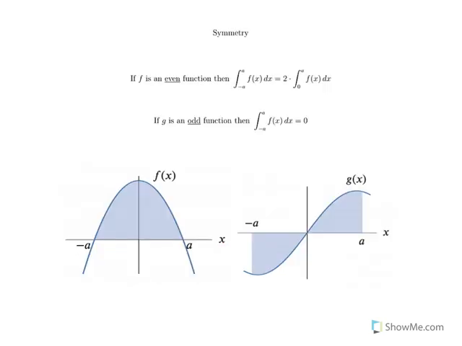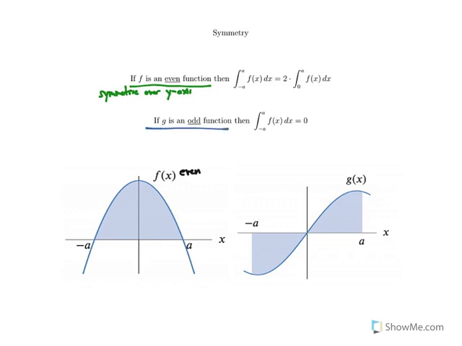So we talk about symmetry now. Symmetry, we're talking about if a function is even or odd. Remember that if f is an even function, we're saying it is symmetric over the y-axis. So we have a picture of an even function right here. This is a picture of an even function because it is the same over that y-axis.